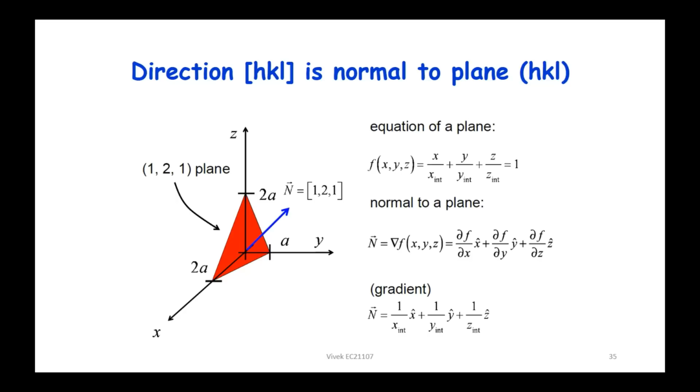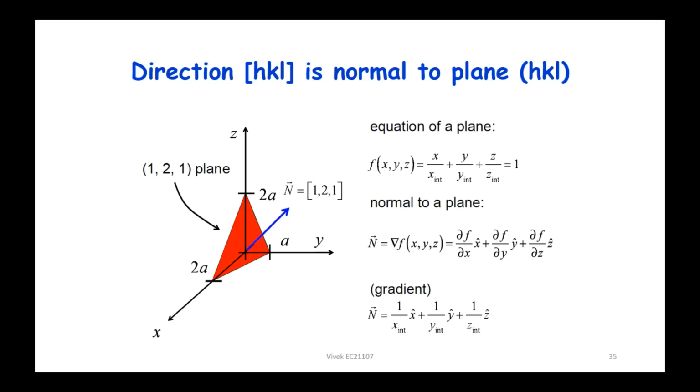Now df by dx will be 1 by x intercept. Similarly, df by dy will be 1 by y intercept. So what you get basically is 1 by x intercept along x cap, 1 by y intercept along y cap, 1 by z intercept along z cap. So that basically gives you the gradient.